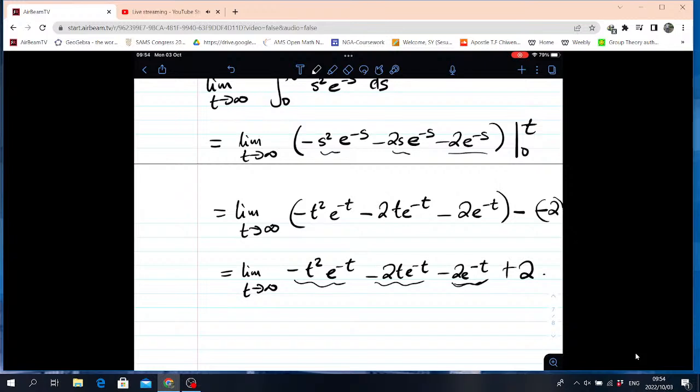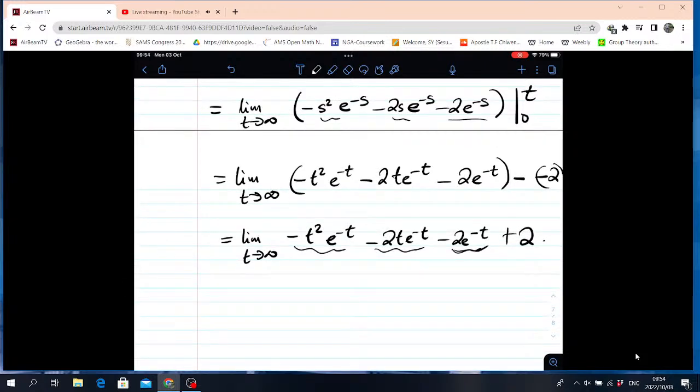So the limit as t tends to infinity of 2 over e to the minus t, I want to deal with this one first. It is just going to be equal to, sorry, not minus t but e to the t there.